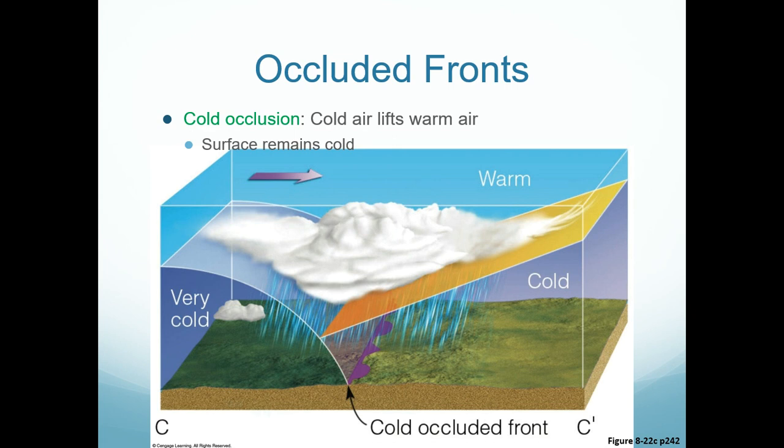Basically what you would expect is you have cold temperatures, and then you get the precipitation of a warm front followed by the precipitation of a cold front. So going from steady to showers, and then that's followed with a drop in temperature.